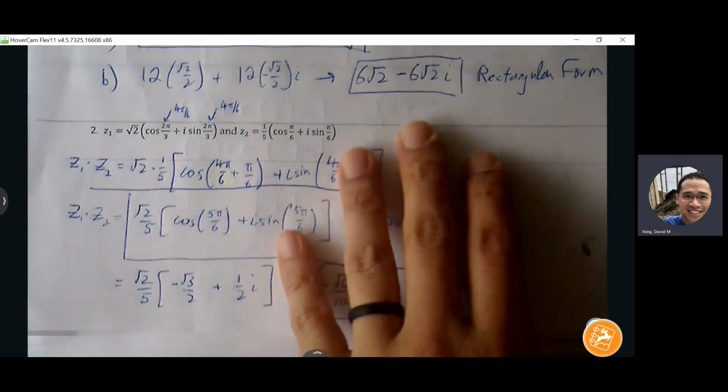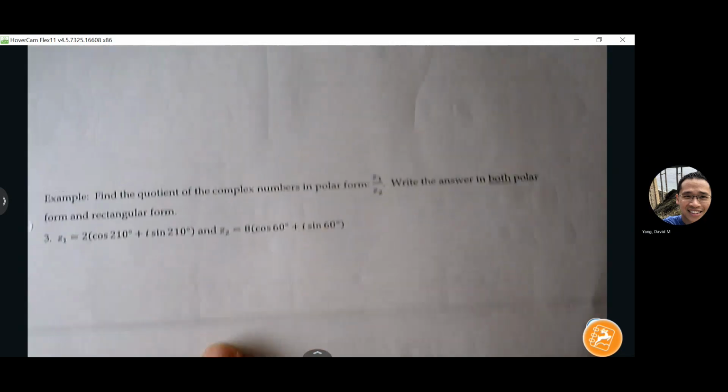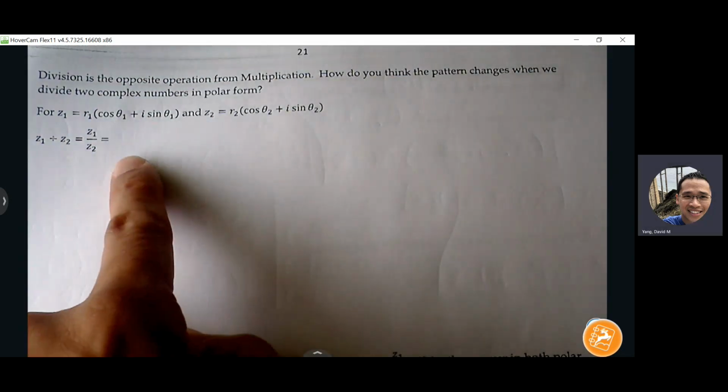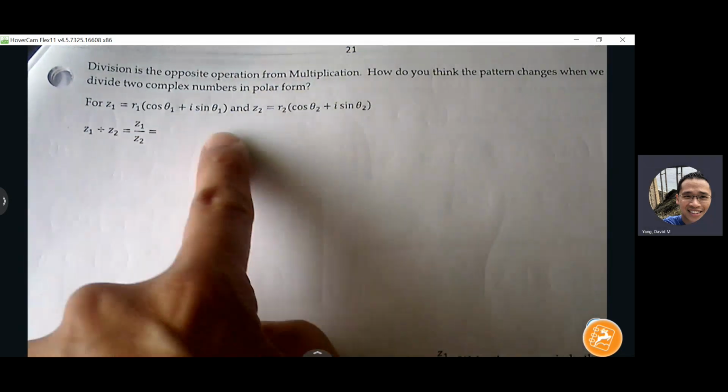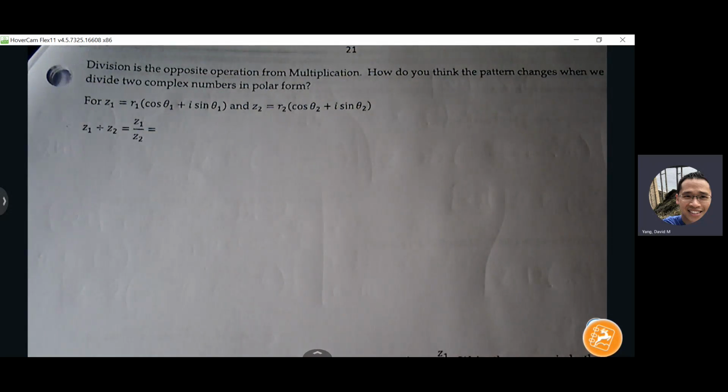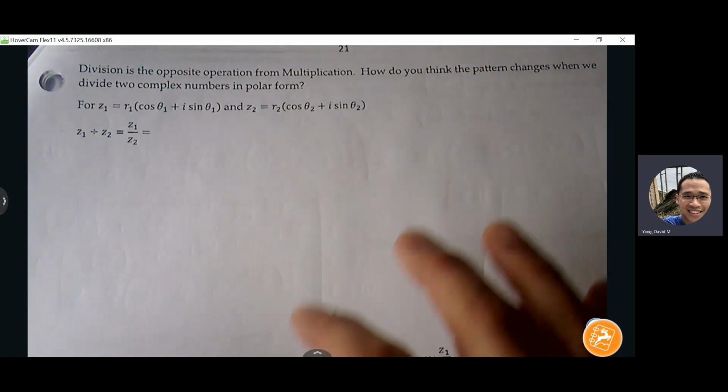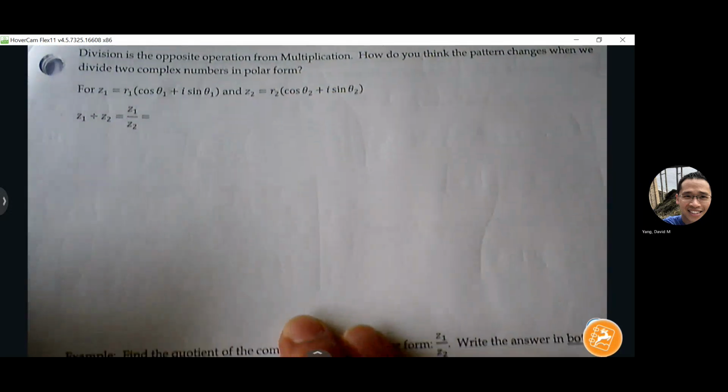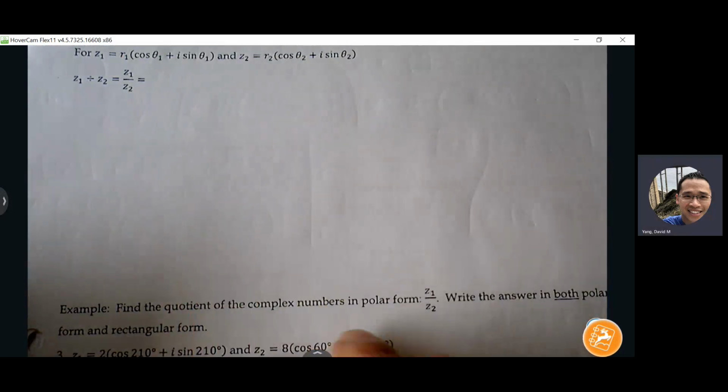All right, so let's go to page 21. If I'm dividing two complex numbers, then I'm going to divide the radius and subtract the thetas. I'll put this down here so I can write it in place.